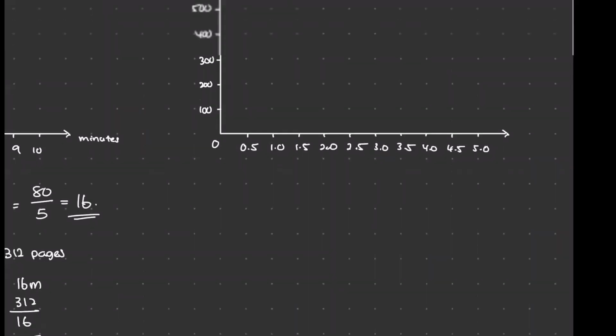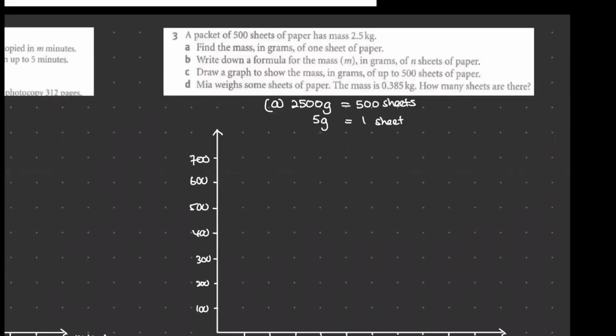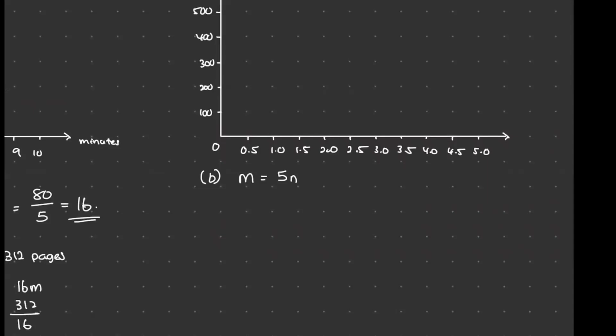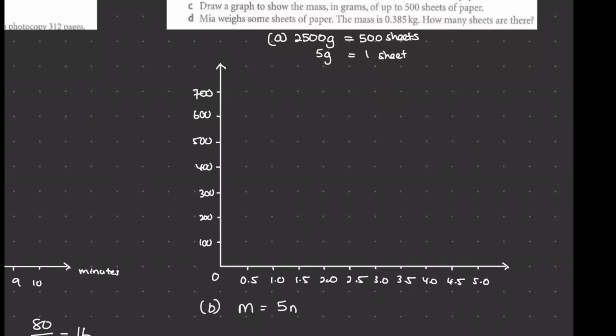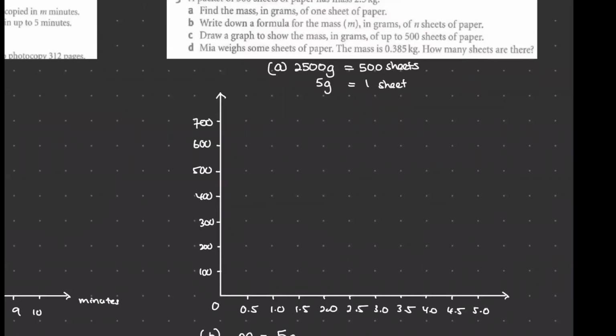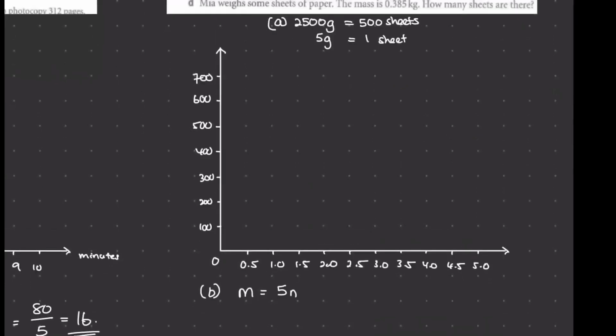So m is the mass. 5, how many sheets? Sheets will be n, 5n. Then we need to draw a graph up to 500 sheets of paper. So how heavy will 500 sheets of paper be? 500 will be 2.5 kilograms.